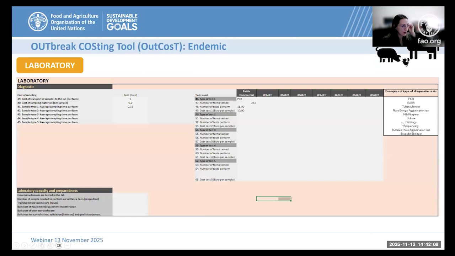For the laboratory part, we have this part here for laboratory capacity and preparedness, basically bulk costs for equipment maintenance and quality assurance of the laboratory.